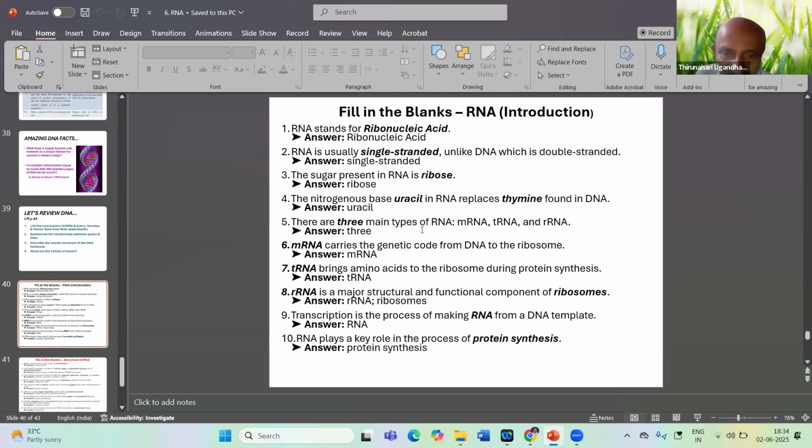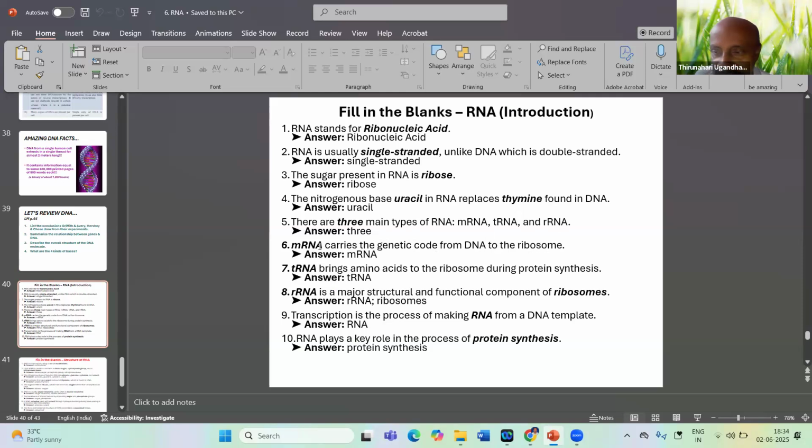There are 3 main types of RNA: mRNA, tRNA, and rRNA. The mRNA carries the genetic code from DNA to the ribosomes.